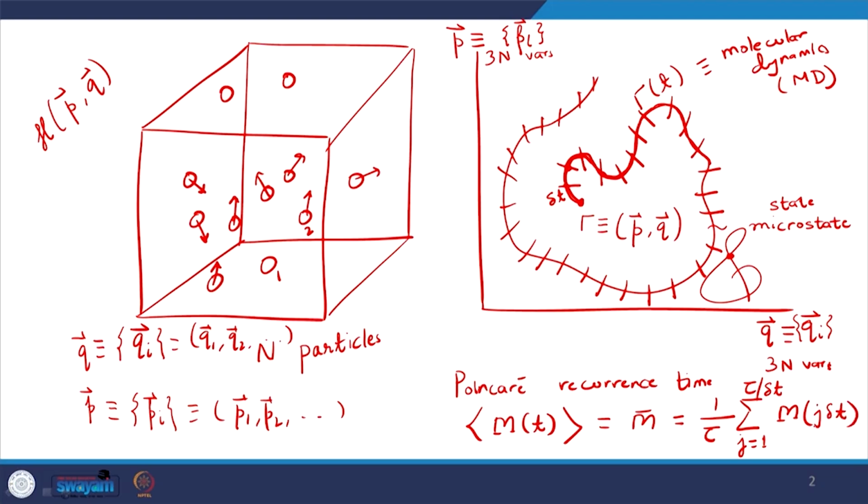What I am doing essentially here is, let us say tau is my total run time of the simulation. Then I will be making tau by delta t MD steps that will correspond to different lines that I am drawing here, and for each of them I will be computing the property value, and the time value is j multiplied with delta t.